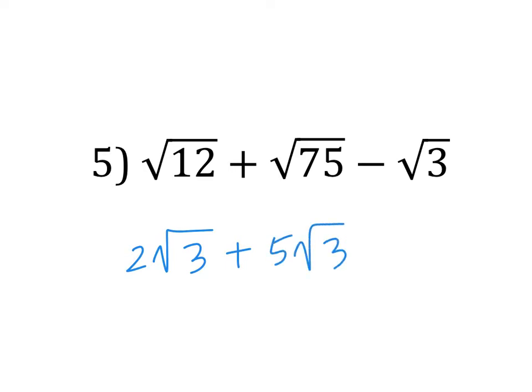What I do is I remember 75 like 75 cents. 75 cents is 3/4. So it's 25 times 3, so 25 comes out as 5. Okay, so now we can add and subtract them. So this is 6 root 3.